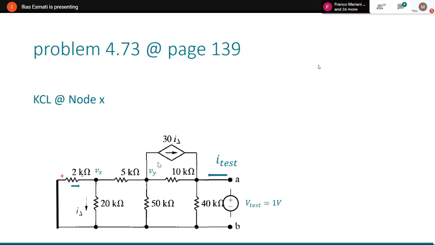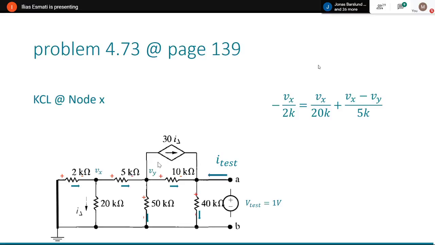You can see I'm using KCL and KVL over and over, and you may be amazed how it's possible to simplify a complicated circuit by very simple rules and methods like Ohm's law and Kirchhoff's laws, and that's it. I'm still using those old tools to simplify my circuit.